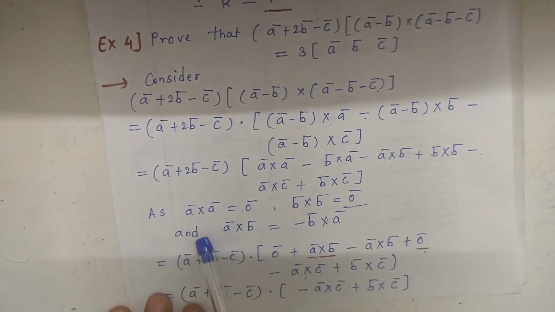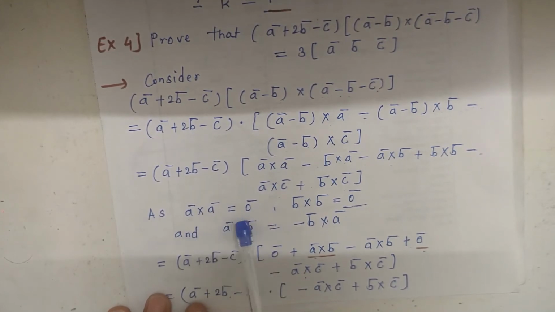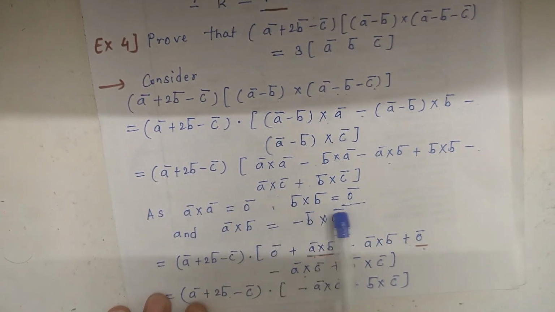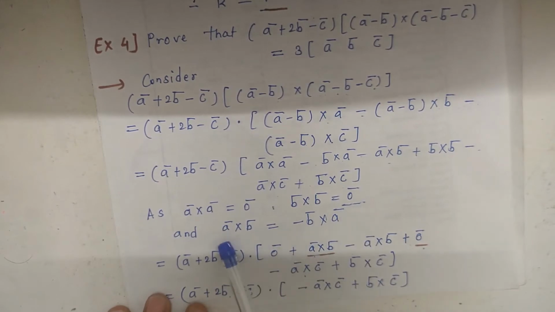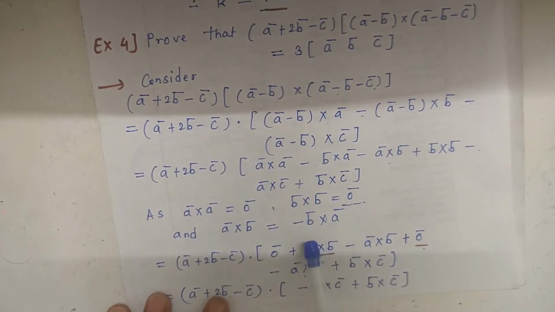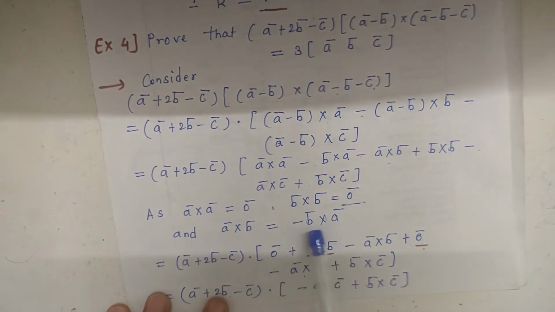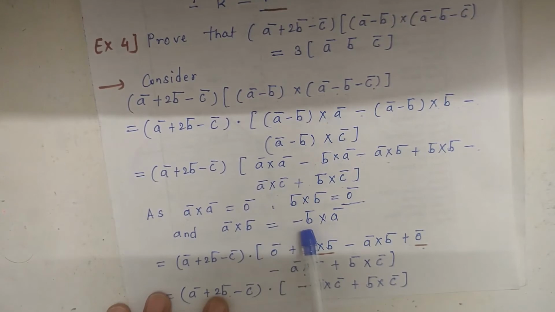Now we know that the cross product of similar vectors is equal to 0. So a bar cross a bar is equal to 0, b bar cross b bar is equal to 0, and a bar cross b bar can be written as minus b bar cross a bar by interchanging the position of the vectors and multiplying by a negative sign.